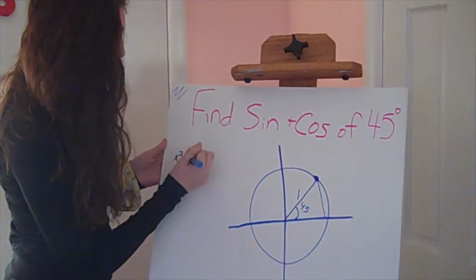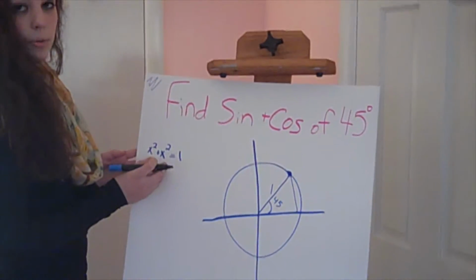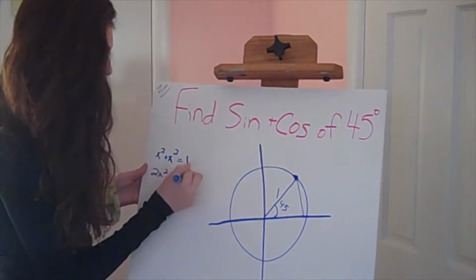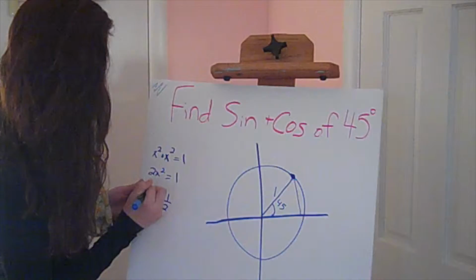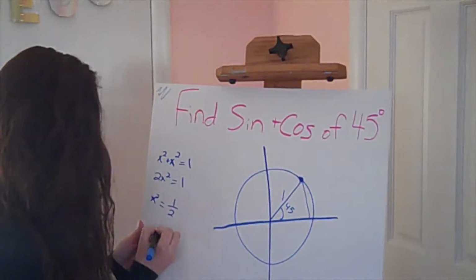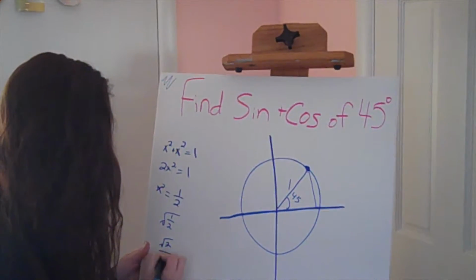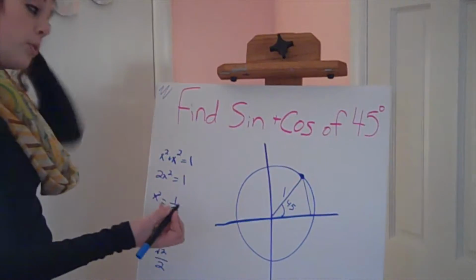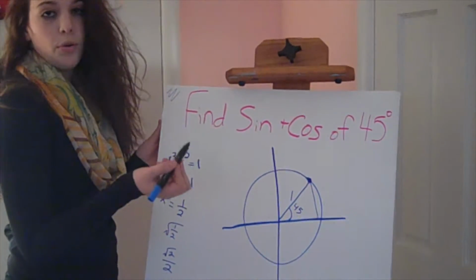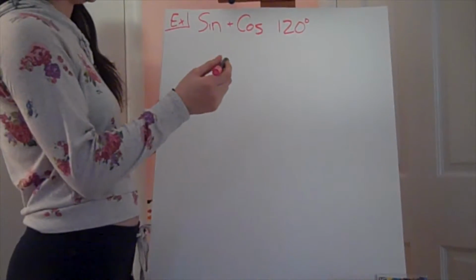So solving with the Pythagorean theorem, since the sides are equal, we can use x squared for both. And if we solve it out, we get root 2 over 2 for both sides, so both the sine and the cosine of 45 degrees are root 2 over 2.